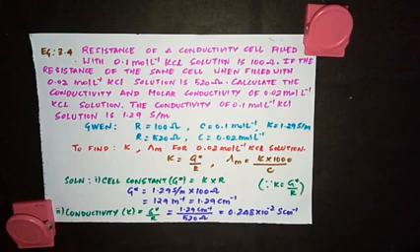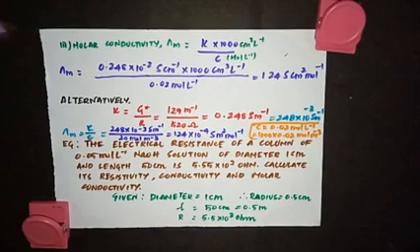Next step is to find out the molar conductivity. To find out molar conductivity, the formula is kappa into 1000 by concentration. I told you we are going to find out the values in Siemens centimeter square mole inverse. And I've told you just now, when you want to calculate the lambda m value in Siemens centimeter square mole inverse, kappa should be expressed in Siemens centimeter inverse, and the concentration should be expressed in mole centimeter to the power minus 3.